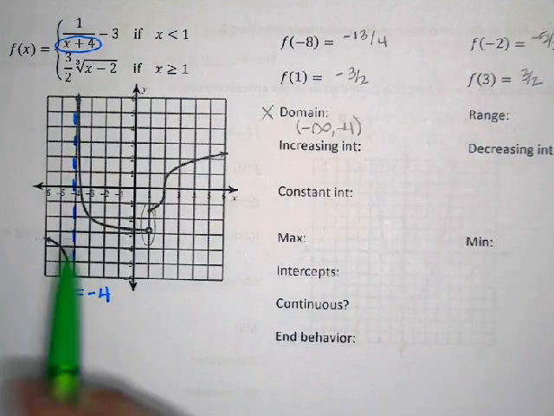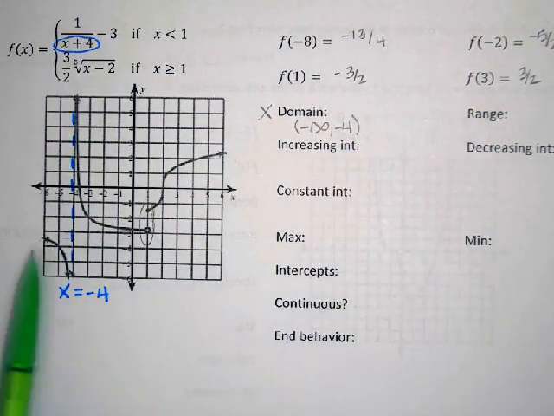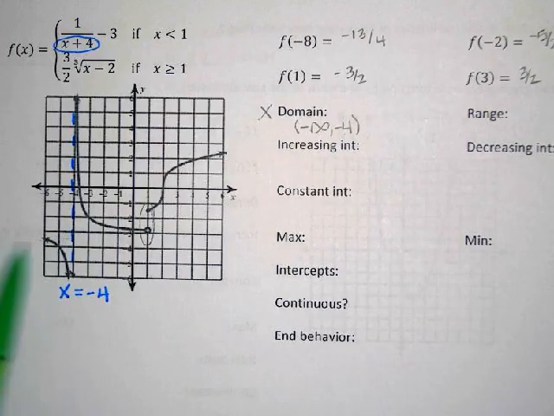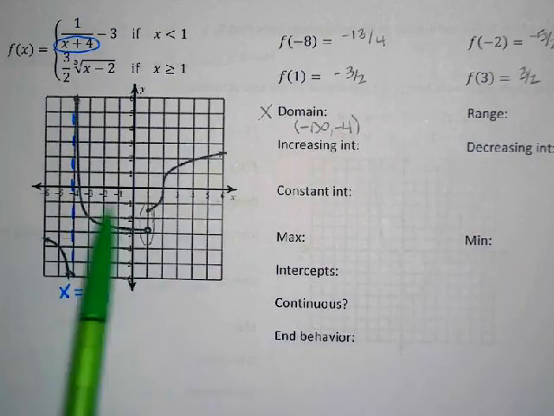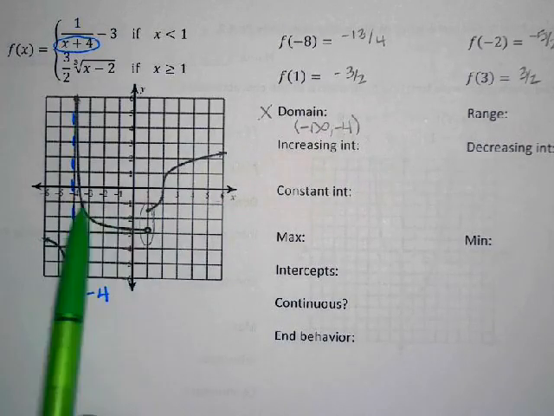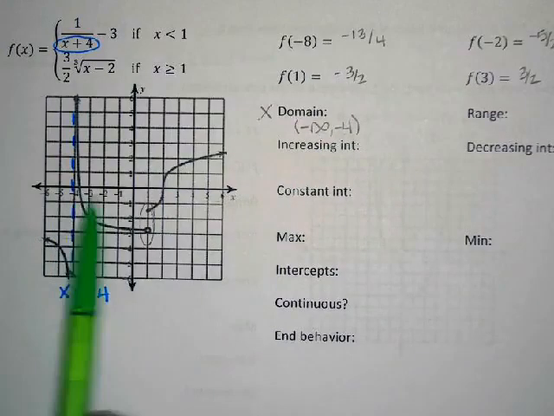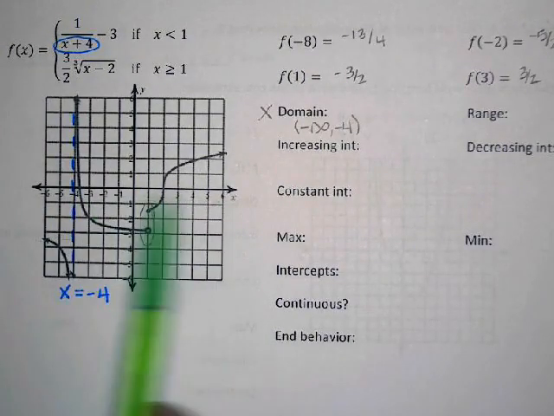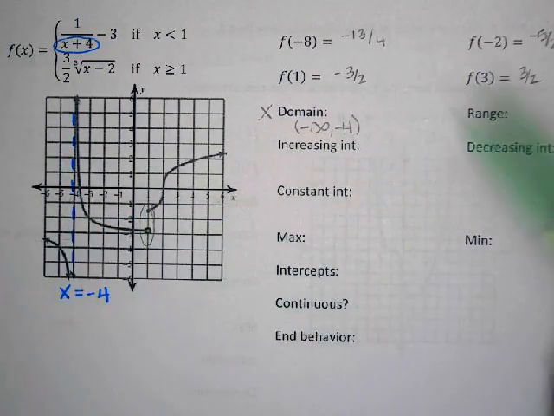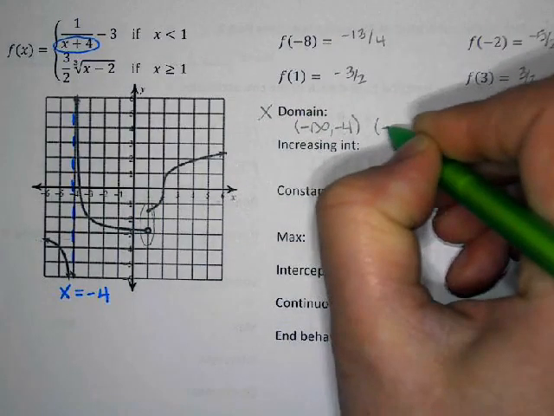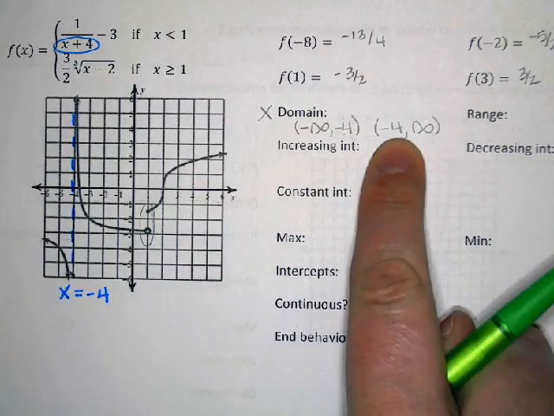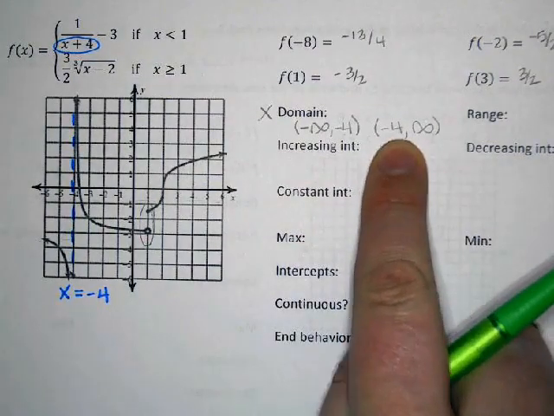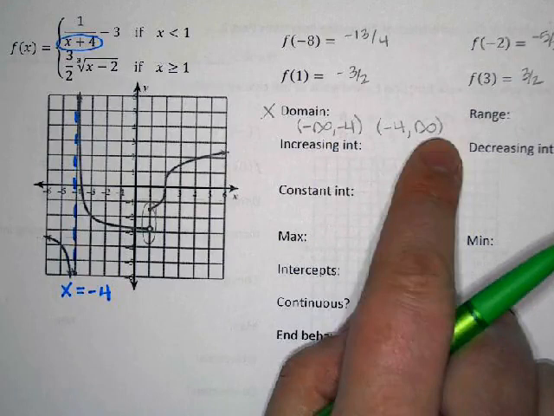So this set of parentheses represents this side of the graph. Negative infinity up to -4, all of this part of the graph. And then I want to show this part of the graph over here, which is going to start at -4 and go all the way to infinity. It's not going to include -4 because that's a value that's being skipped, and so I'm using parentheses. So this is how you write the domain if you're skipping one value.